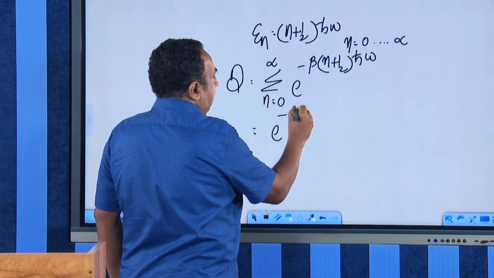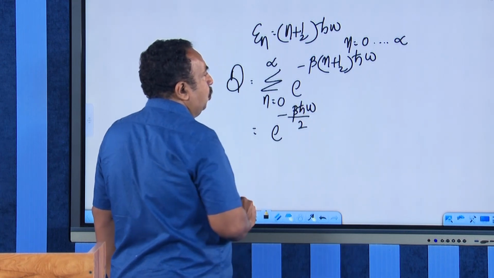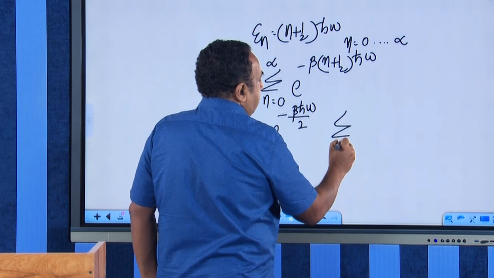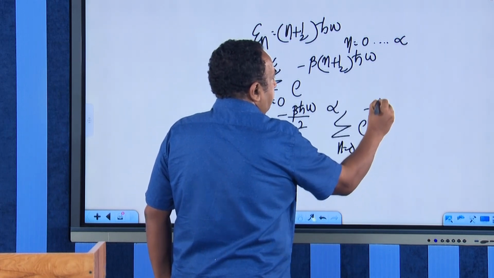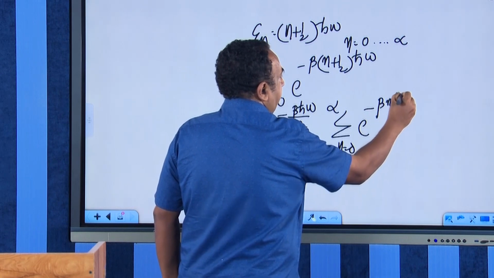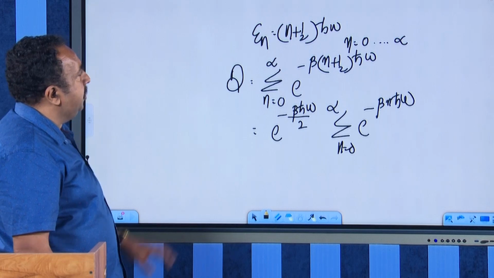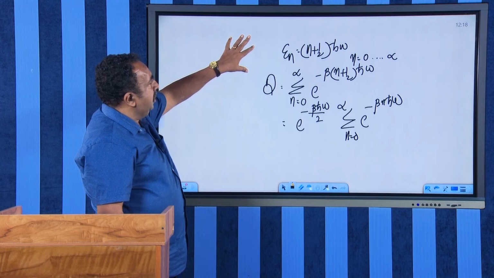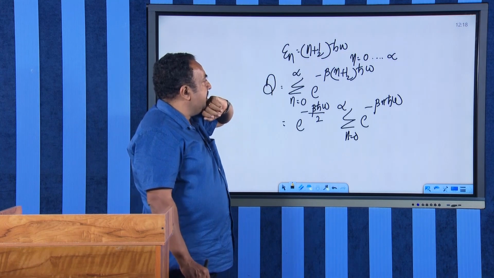Therefore, I will take that outside: e raised to minus beta h cut omega divided by 2, sum over n equal to 0 to infinity of e raised to minus beta n h cut omega. Therefore, your energy was that of a one-dimensional harmonic oscillator with a zero-point energy half h cut omega.